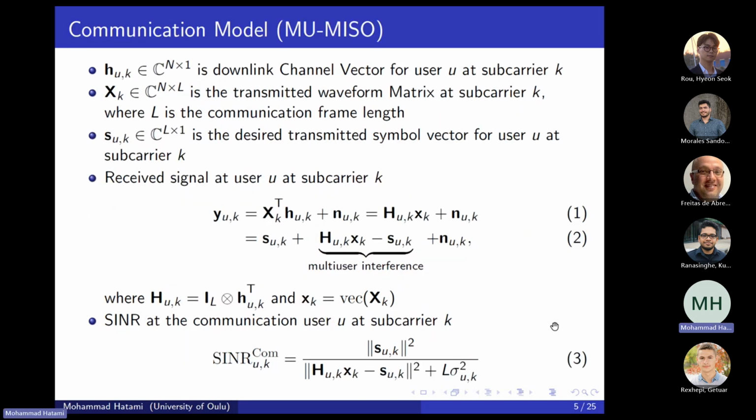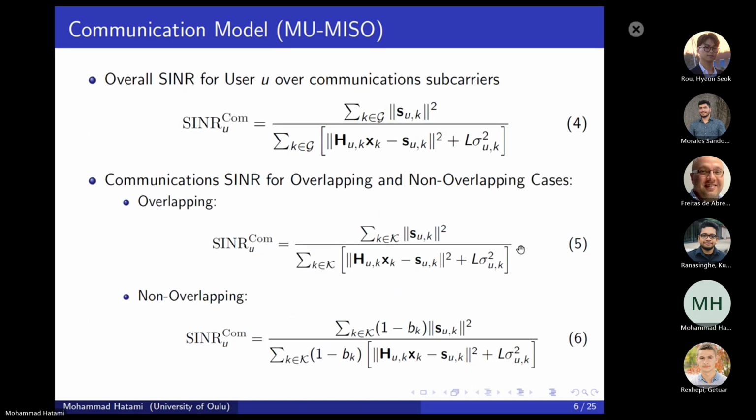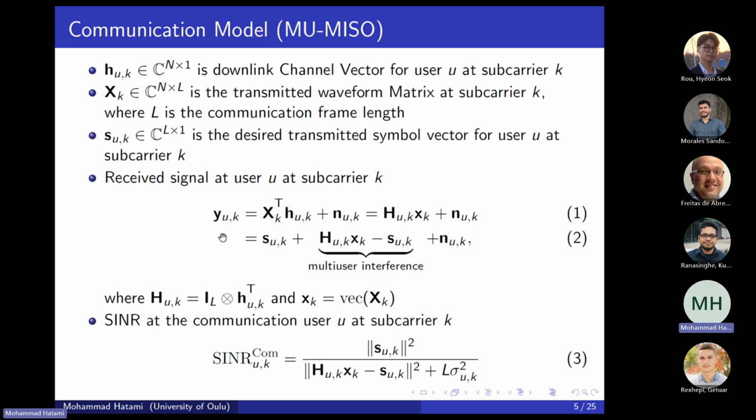Regarding the communication model, which is a multi-user MISO system, we can have the received signal at each user as given by equation 1, which can be rewritten as equation 2.